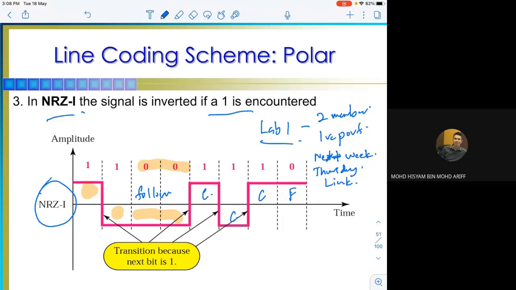I will give you the link for submission in Kalam, and I will give the rubric too. Everyone understand? Lab 1, the lab you did the other day: one report only for every two members. Clear? Clear sir. Very good.